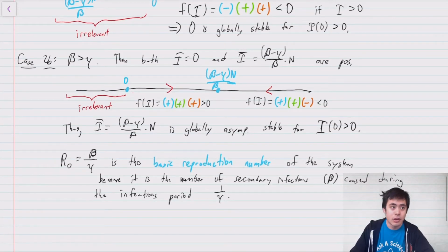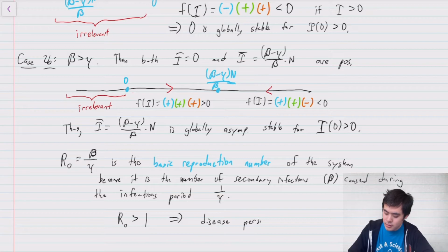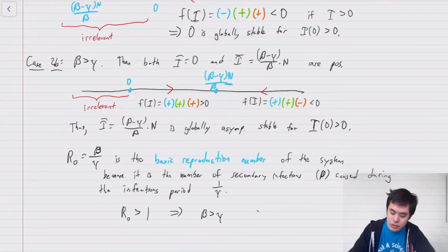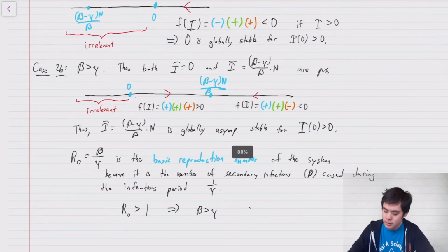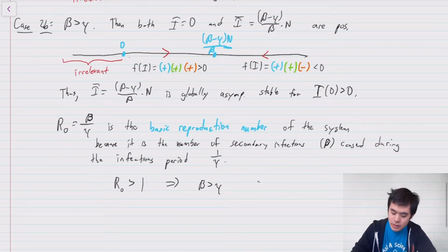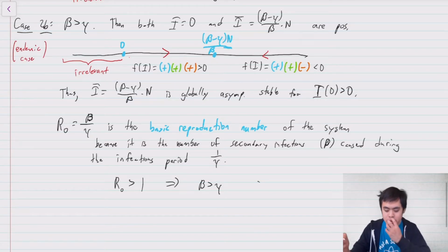And when R naught is greater than 1, this implies that the disease persists. R naught greater than 1 implies that beta is greater than gamma, which is case 2b, which is known as the endemic case, because the disease does not die out.